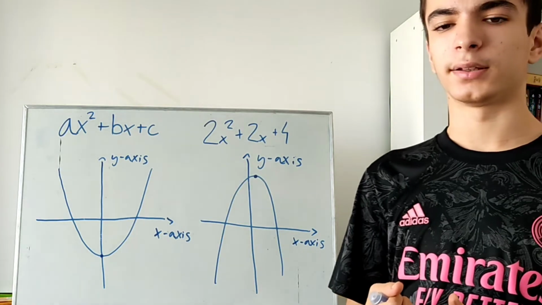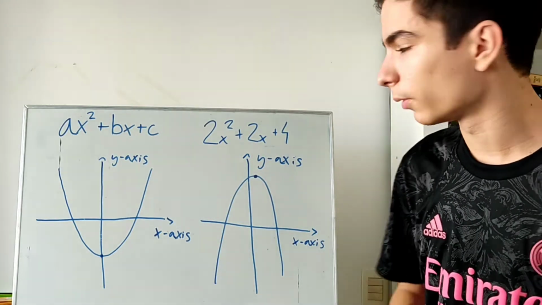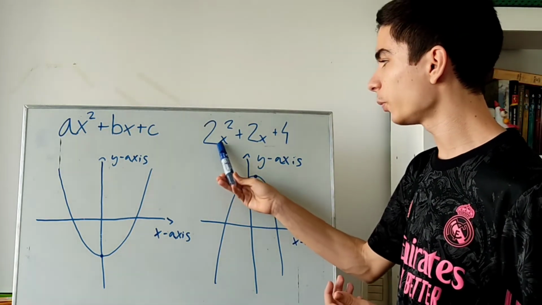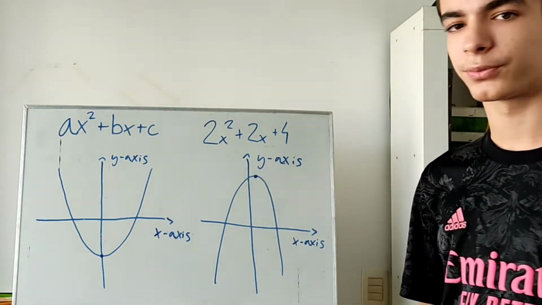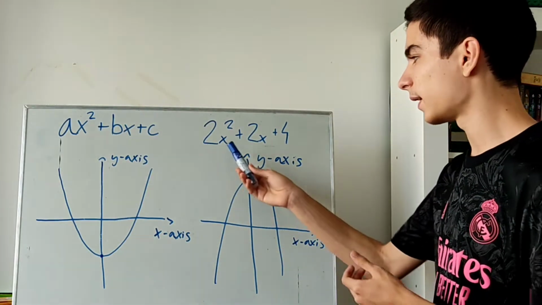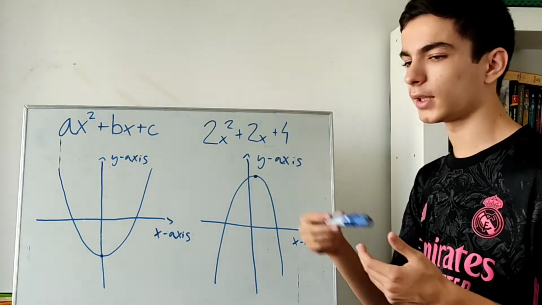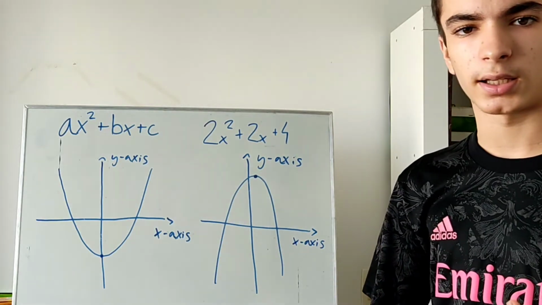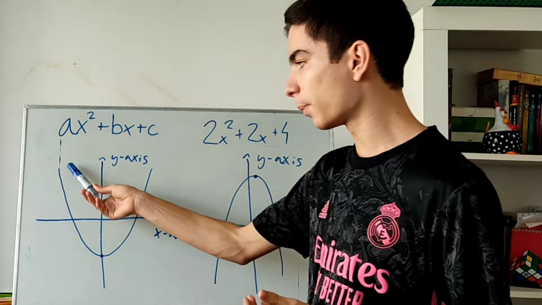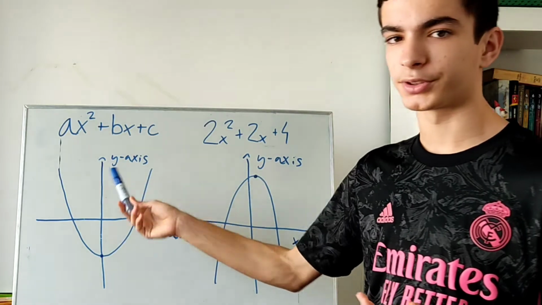So let's take a look at a quick example. If we have this function, 2x squared plus 2x plus 4, we already know that this function is going to take this shape, a parabola facing upwards.